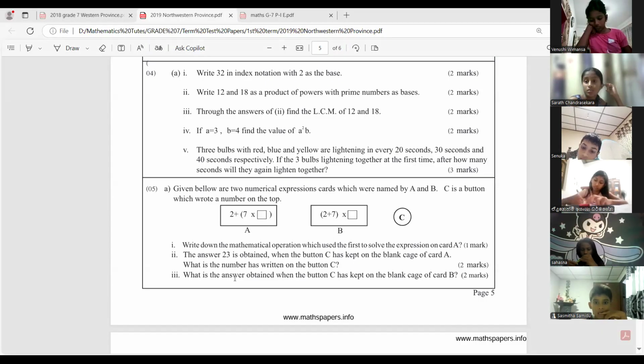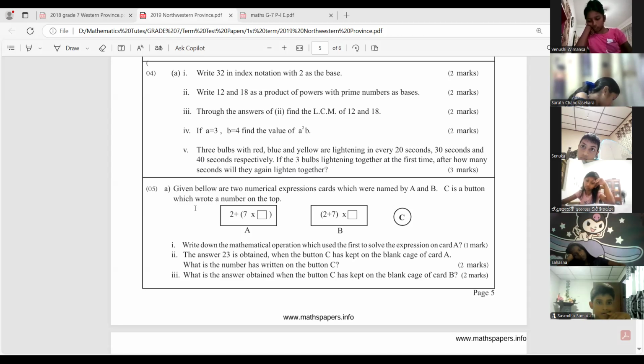What is the answer obtained when the button C has been kept on the blank edge of card B? Card B is given: within bracket 2 plus 7. After the bracket, multiply this one.